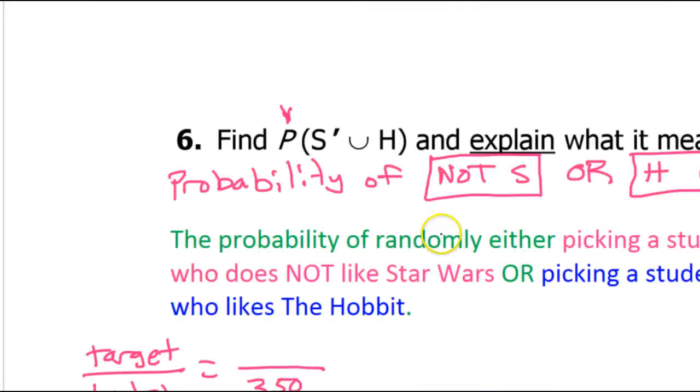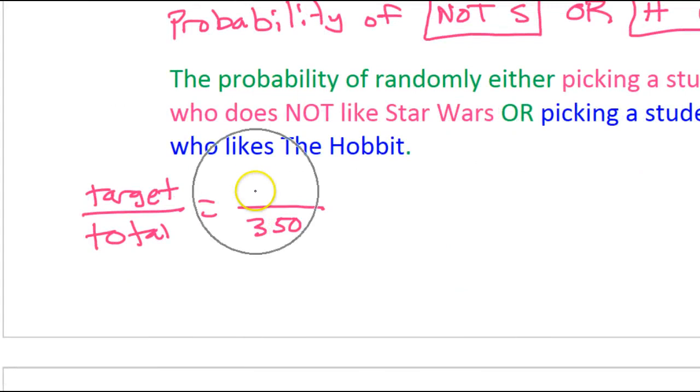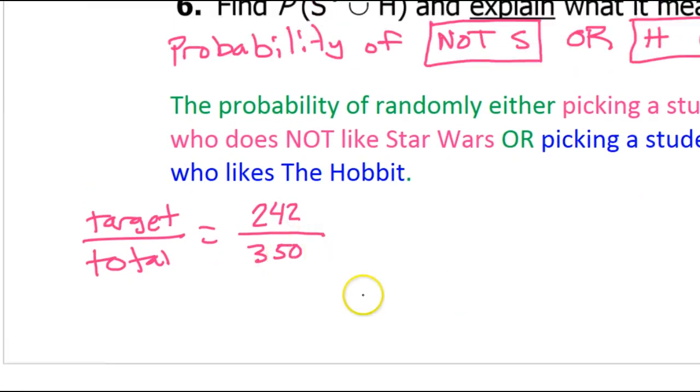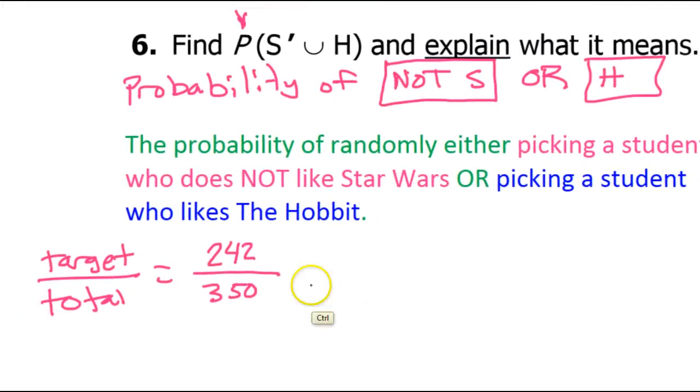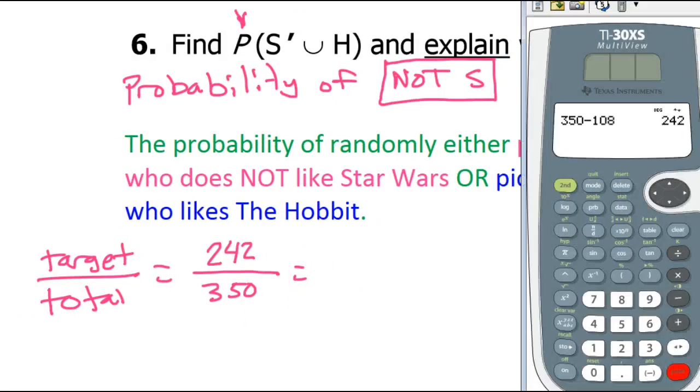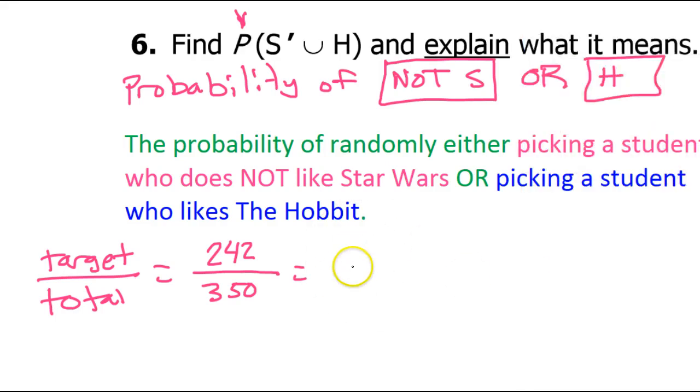Okay, so we're doing target over total. So that's 242 over 350, which reduces to 121 over 175.